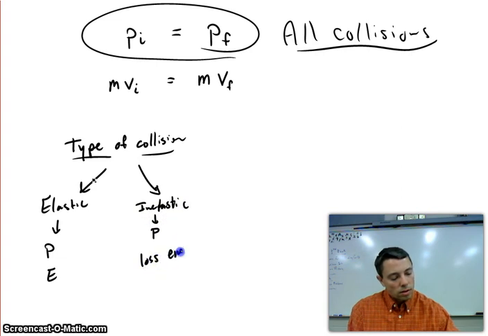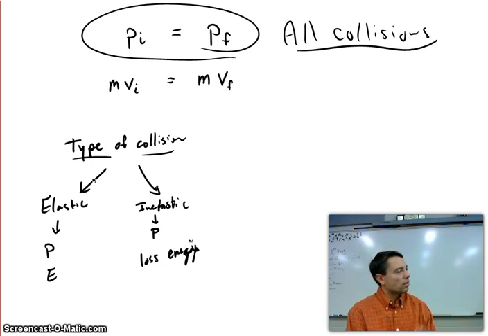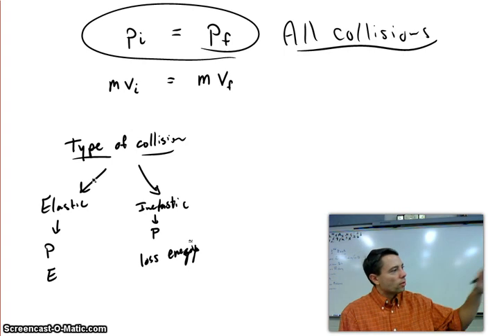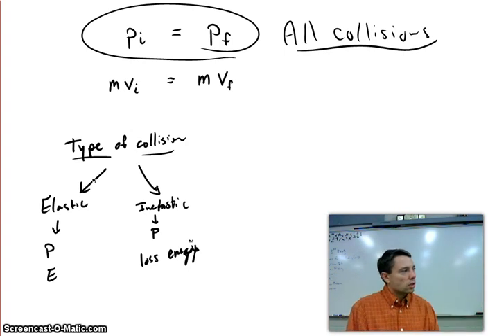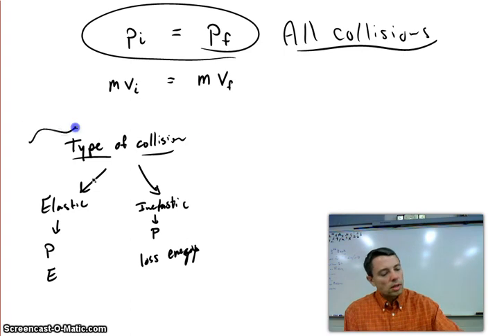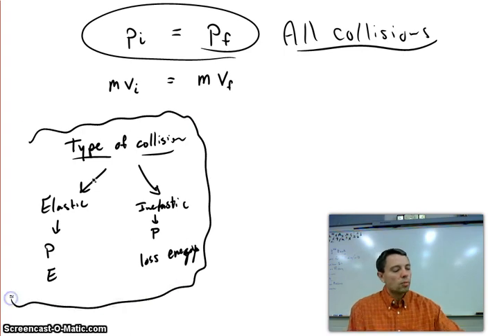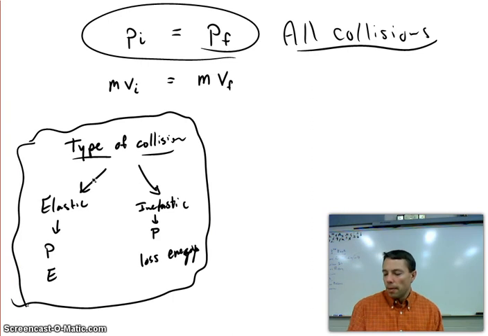We lose some energy along the way. So again, we look at those two situations. In fact, I've got that on the board. I'm looking over the board right now. It says all collisions conserve momentum, and elastic collisions are the only ones in which the energy is conserved. So that's our big concepts of what we're looking at.